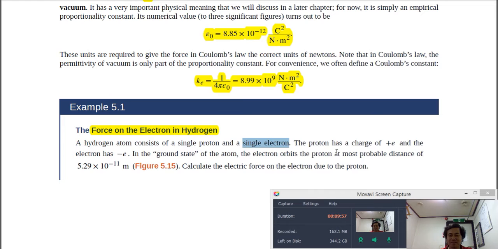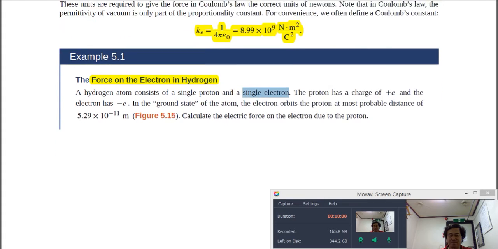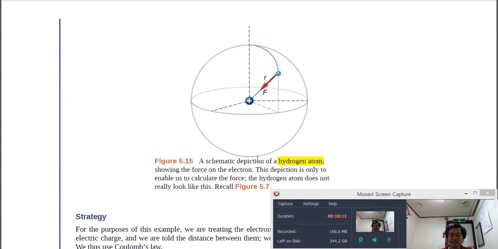The proton has a charge of plus E, whereas the electron has a minus E. Suppose the proton is at the center of this coordinate system, and let's say the electron is here, and the distance is r. Since they have different signs of charge, the electron will be attracted to the proton.